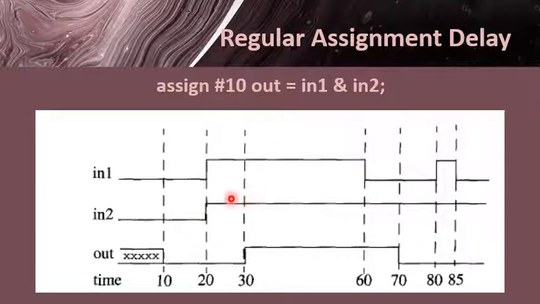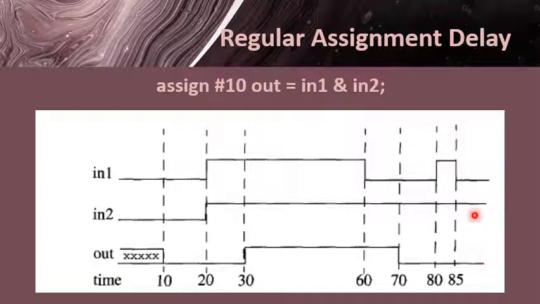You can see here, I will repeat. At 20 both changed, and output is evaluated only at 30. So 1 and 1 is 1. Here again at 60 it changed, and output is computed at 70. 0 and 1 is 0. Here again at 80 it changed, and the value would be computed at 90.